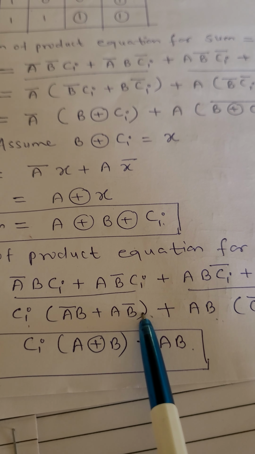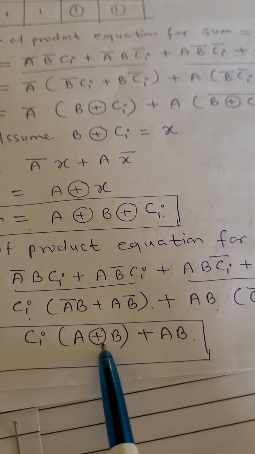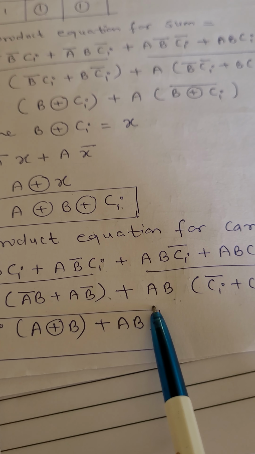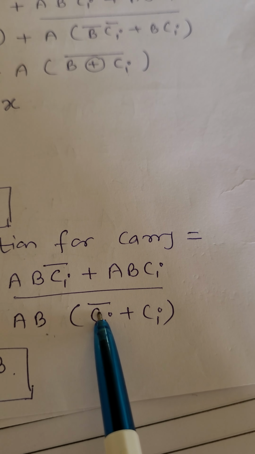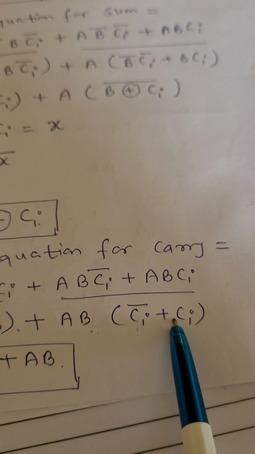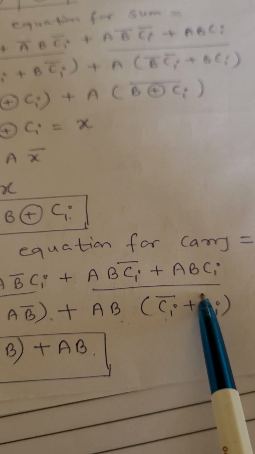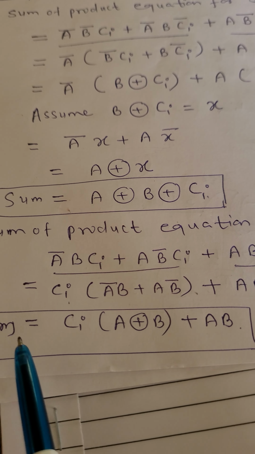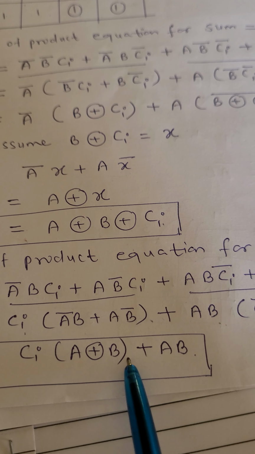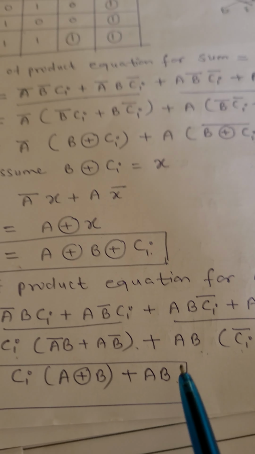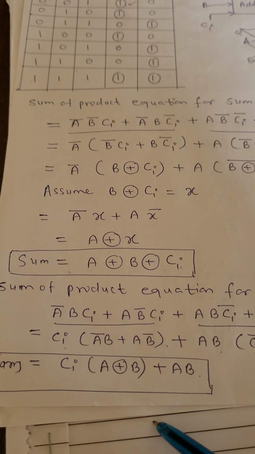So the first bracket will be replaced by A XOR B, while as per boolean algebra rules Ci bar plus Ci is nothing but 1. So this bracket vanishes. So what remains for the carry? The equation is Ci times A XOR B plus AB. So these are the 2 equations we got.